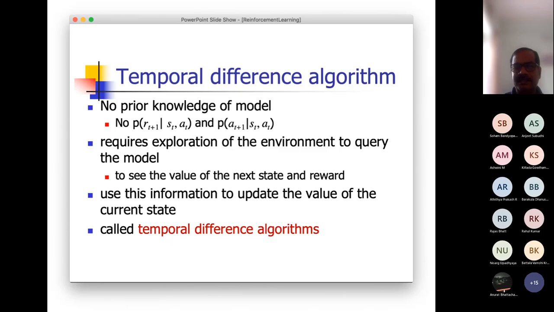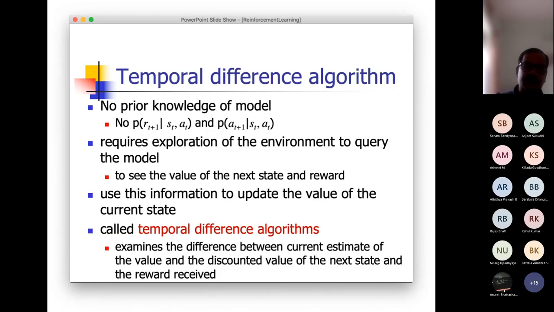We are considering instances with time, so with time you are exploring. Each trial is a time point at discrete time points. That's why the term temporal difference is used for this kind of approach. We call them temporal difference algorithms, which means it examines the difference between the current estimate of the value and the discounted value of the next state and the reward received.